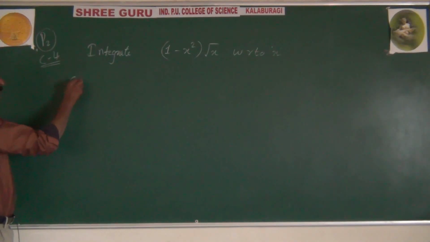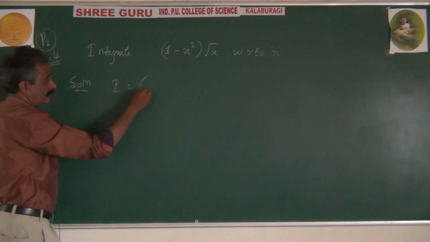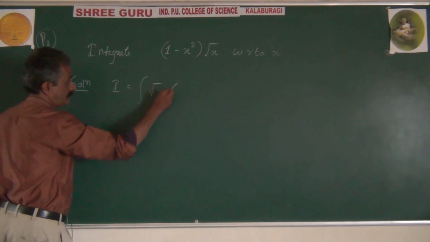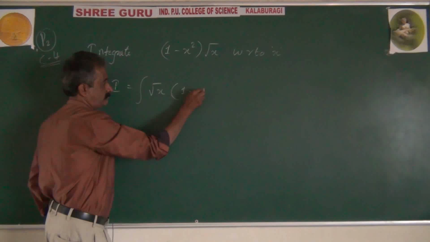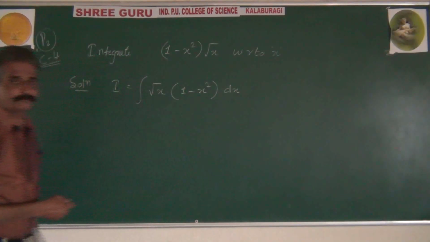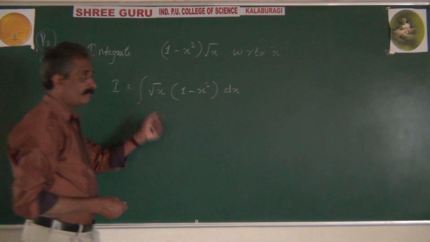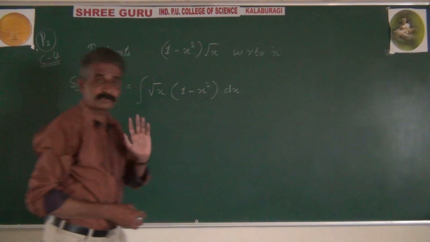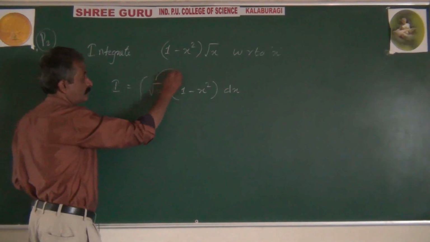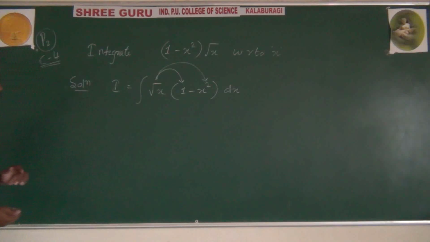So we have to start from the symbol. Let I equal to the integration of root x into (1 minus x square). Think of whether for this expression we have a formula in the list or not. We don't have a formula in the list, so we shall multiply the bracket by root x.